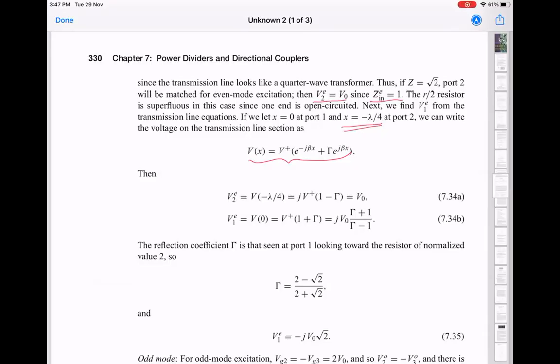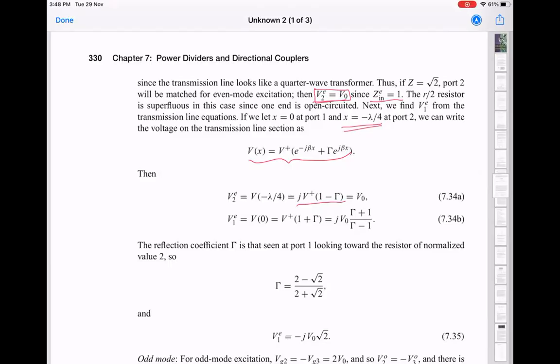So from here, V2, which is x equal to minus lambda by 4, is given by this expression, by plugging in x equal to minus lambda by 4 and beta. And that has to be equal to V0 because we have already established this. So this gives us one relationship between V0, gamma, and V plus.